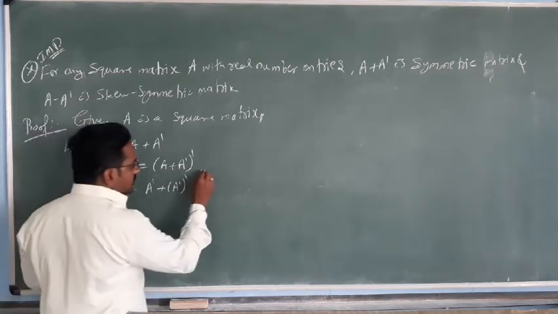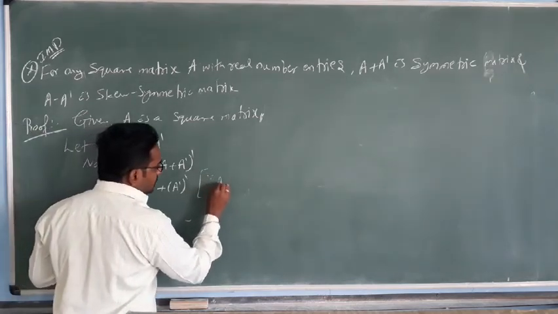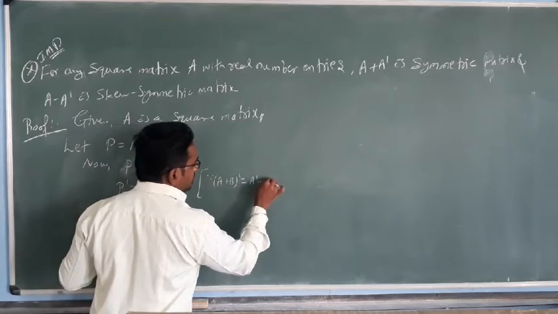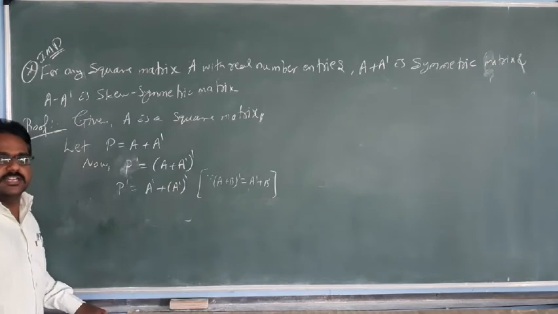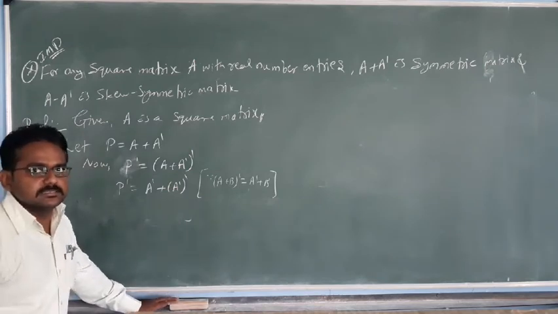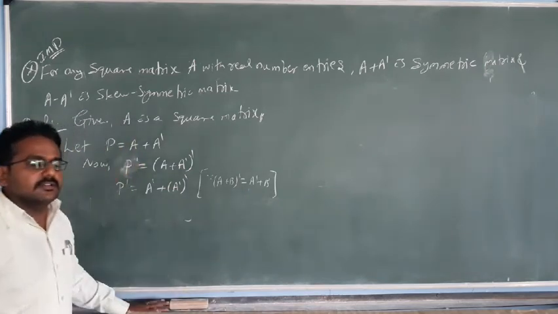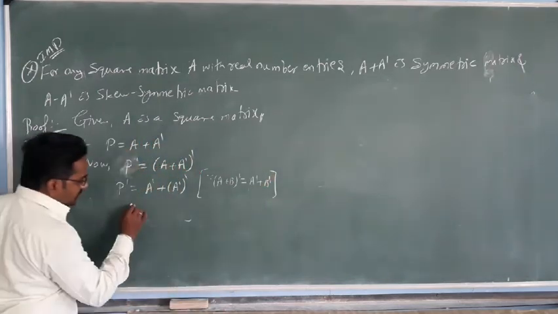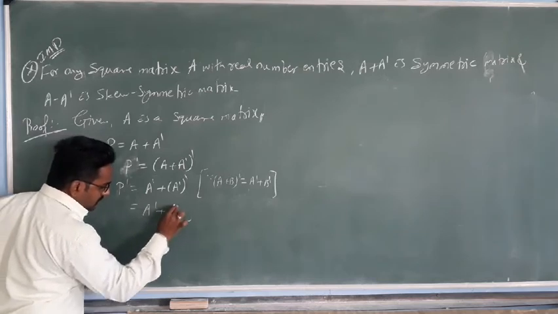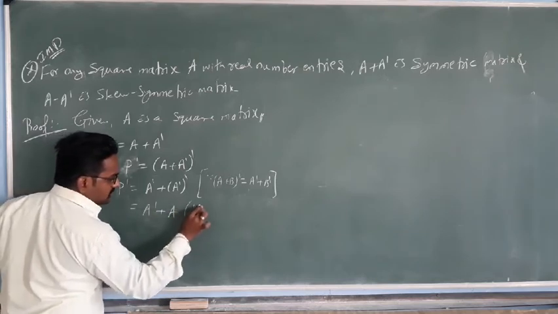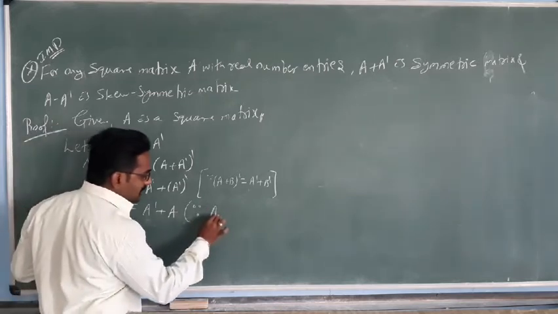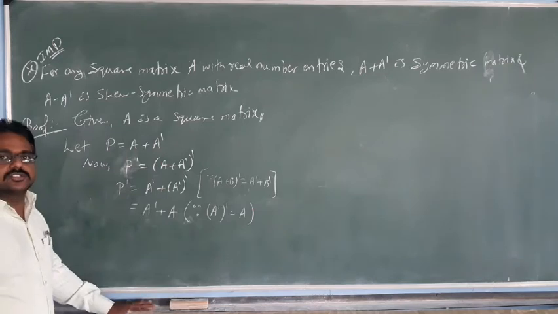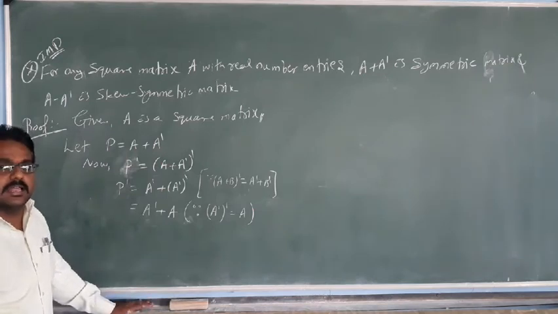Why? Because we have the result A plus B whole dash equals A dash plus B dash. Already we learned this in the transpose of matrices. This is the property of the transpose of a matrix. So here, A dash plus A. Why? Because we have the result A transpose whole transpose equals the matrix itself.